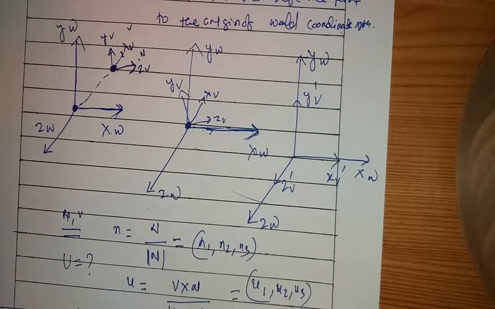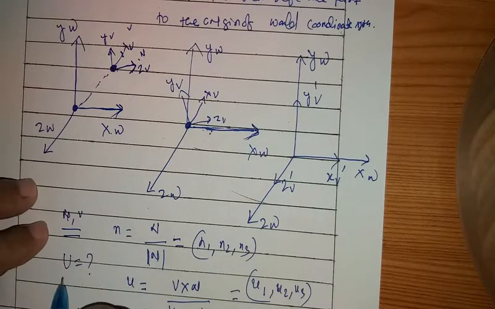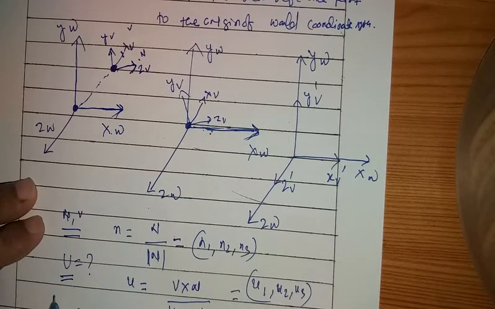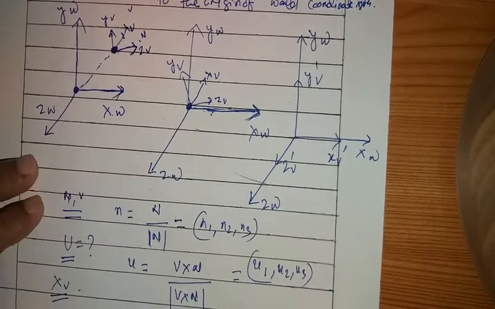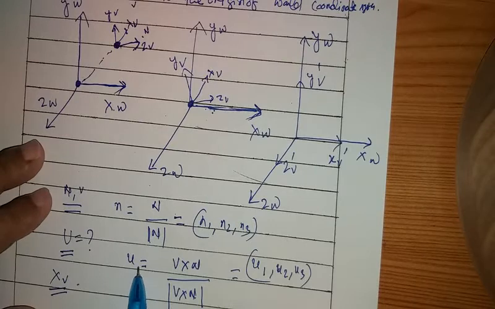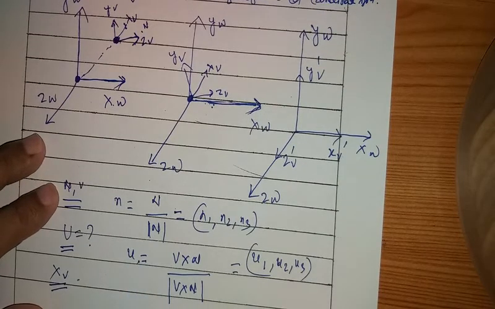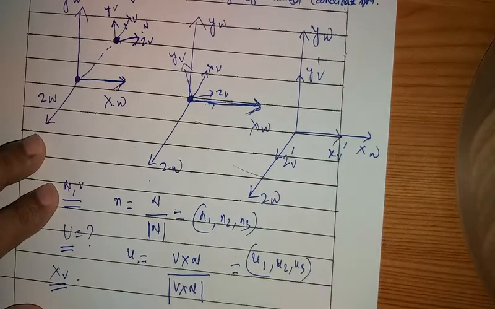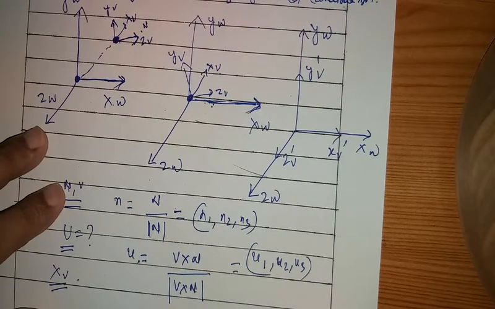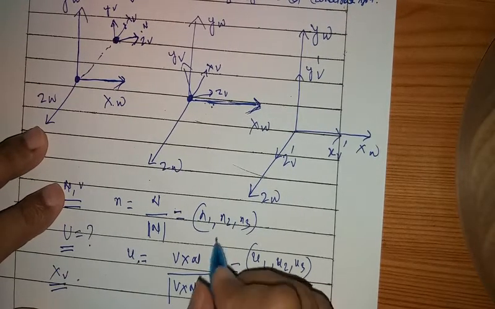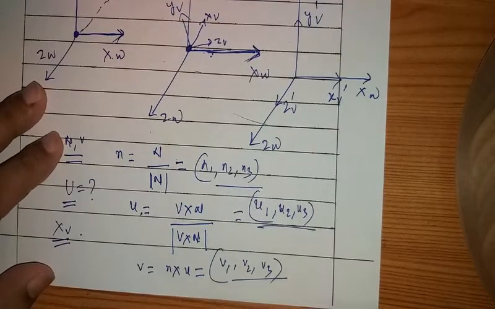As you have already been told, u is the vector in the XB direction. So you can calculate this u. V is already there, v1, v2 and v3. These three you can measure or you can calculate.